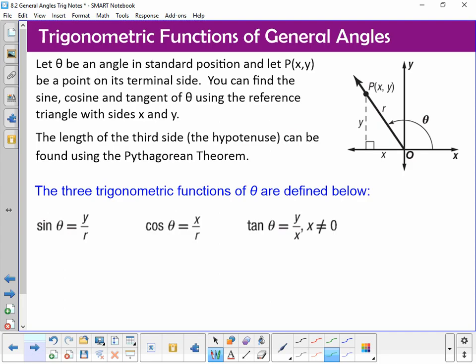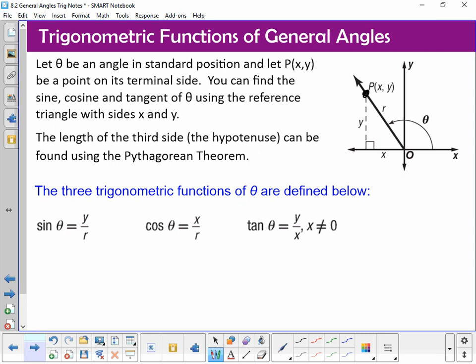Okay. So now that we've defined an angle in standard position, we're going to look at this definition of trig functions for a general angle. So if theta is an angle that is in standard position, no longer limited to angles in right triangles, we look at that terminal side and we choose a point on it, so we have this point P on the terminal side, and the coordinates of P we're just going to say are x, y.